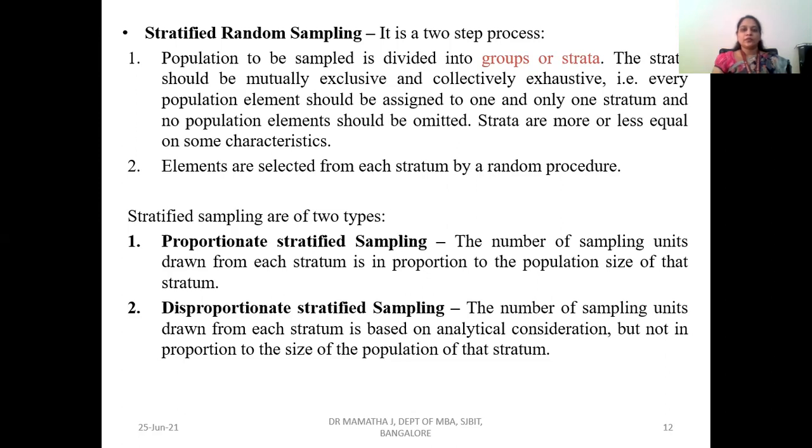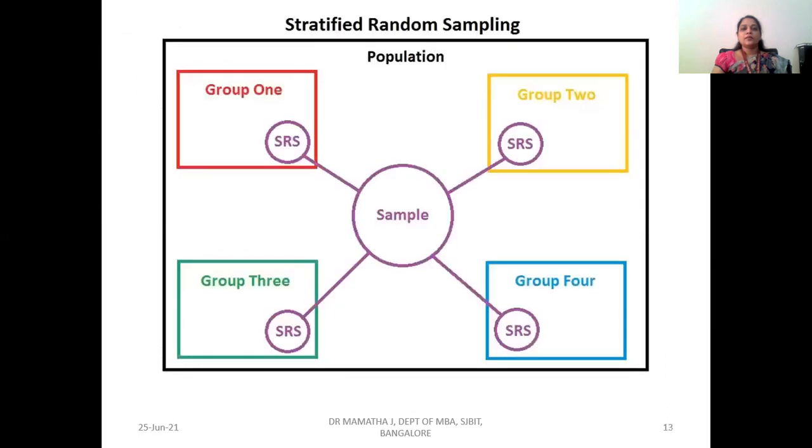This is called proportionate. Then you can see in this picture you have different groups in different colors. It means each group or each strata is different from each other, but inside the group they are similar. After grouping them into different strata, you have to draw the sample from the strata, using simple random sampling technique or systematic random sampling technique.